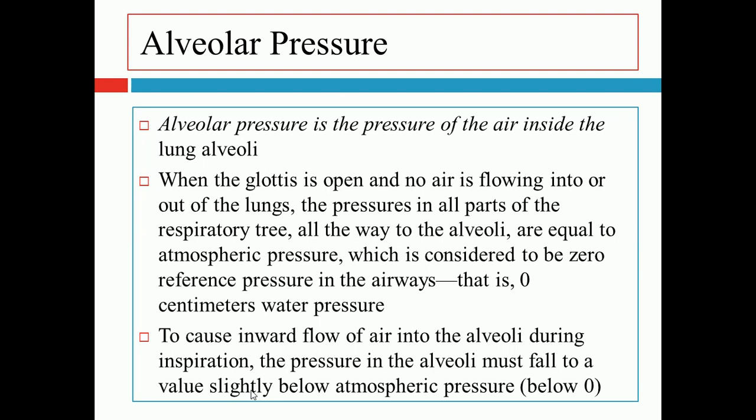If it were negative, it would mean air is less than atmospheric pressure. If it were positive, it would mean that it is greater than atmospheric pressure. So now it is equal to atmospheric pressure, so it is equal to zero.